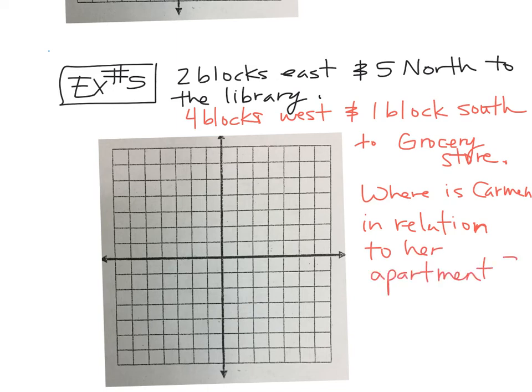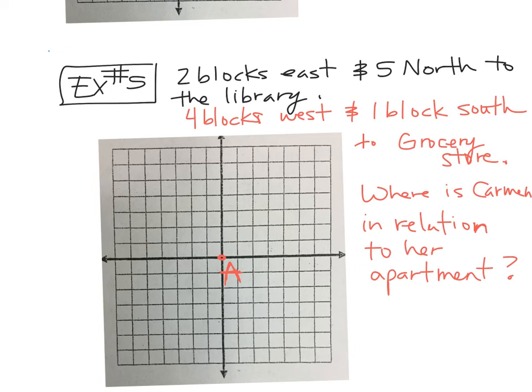Okay. So here's the situation. The question is, where is she in relation to her apartment? So where is a good place to put her apartment right now, would you say? In the middle. 0, 0. Start right in the middle, okay? So this is her apartment. Okay, now let's walk through it. It says she walked 2 blocks east and 5 blocks north to the library.